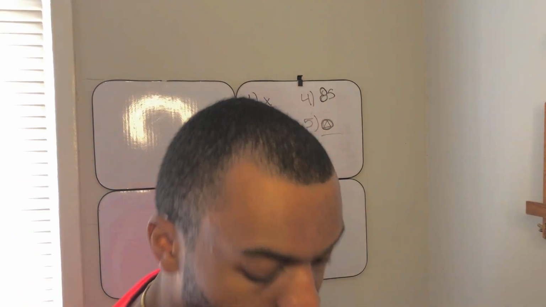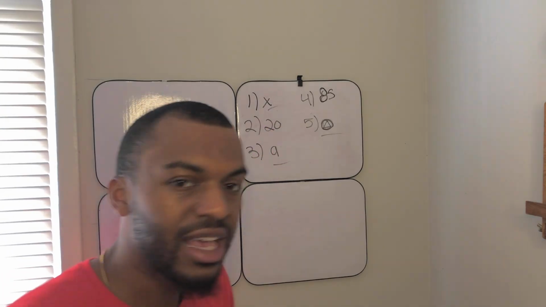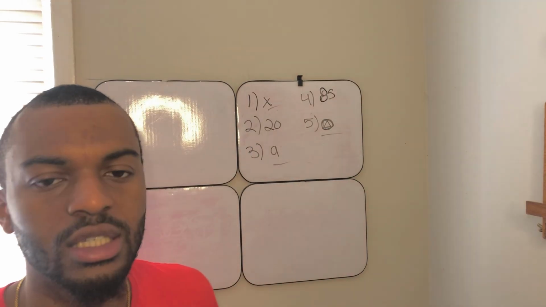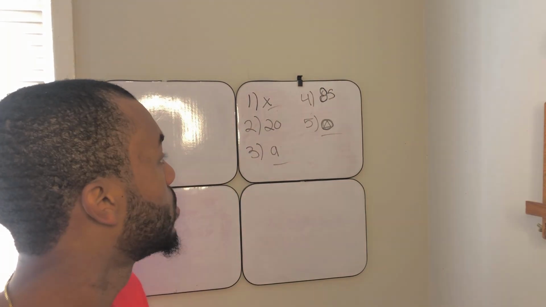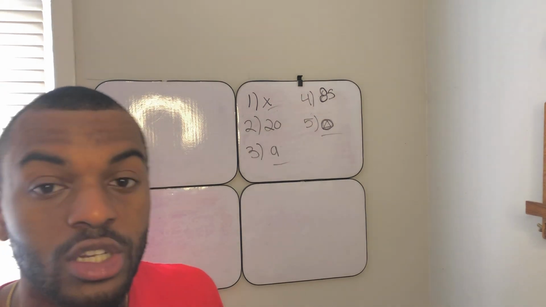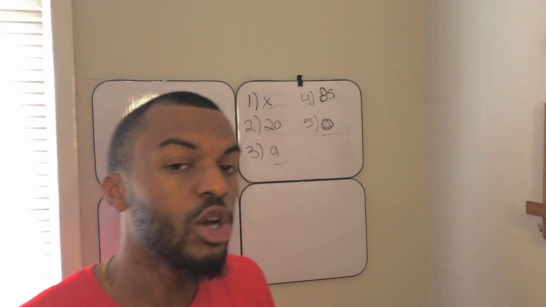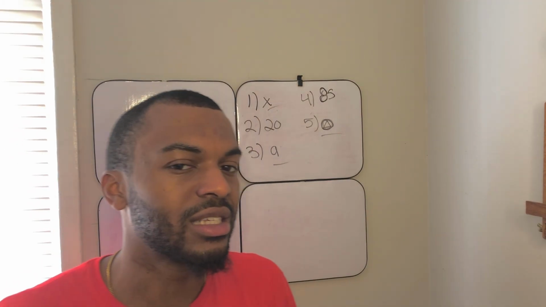For example, when I asked you how much water did you drink yesterday? That is a number. We definitely know I drank water yesterday, so we know it's a number, but what number it is, I don't know.